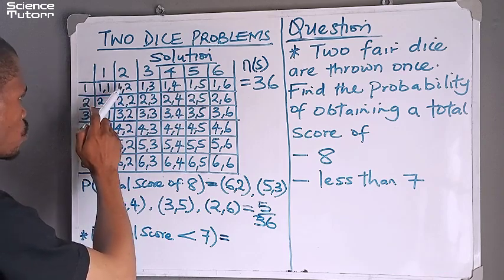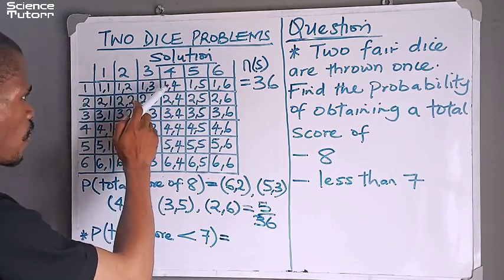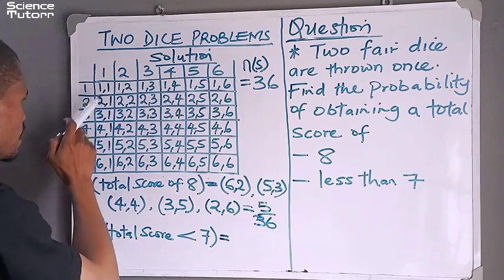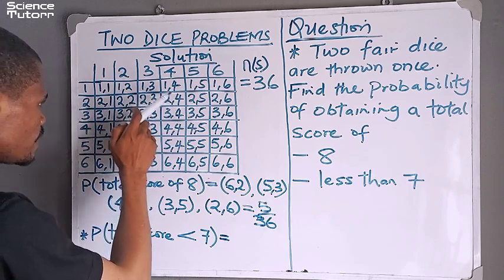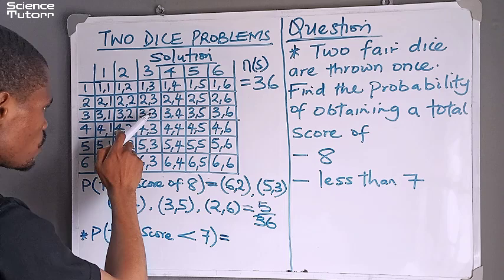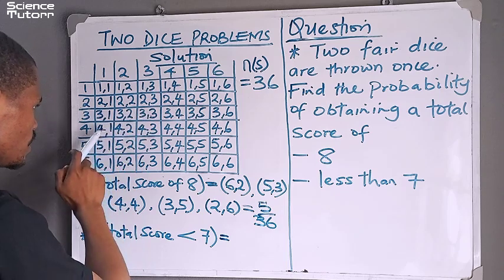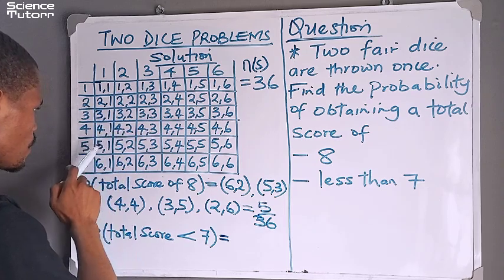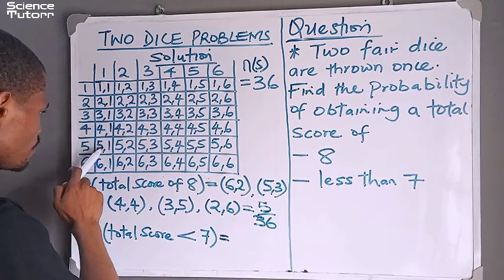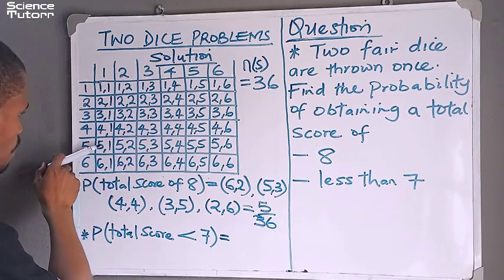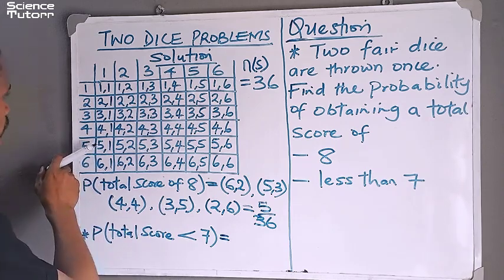So 1, 2, 3, 4, 5, 6, 7, 8, 9, 10, 11, 12, 13, 14, 15. So we have 15 combinations that are less than 7.